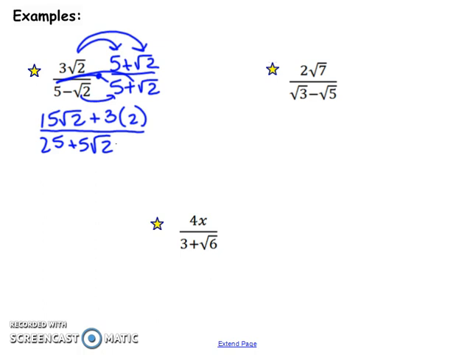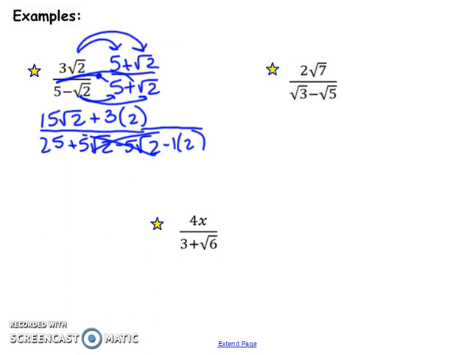Negative radical 2 times 5 is negative 5 radical 2. Negative radical 2 and radical 2 is going to be a negative 1 times 2. Now remember when we did this in the quadratics chapter, also with complex numbers, when you multiply by the conjugate of something, it's going to cancel out that middle term. So the 5 radical 2 and the negative 5 radical 2 are gone.